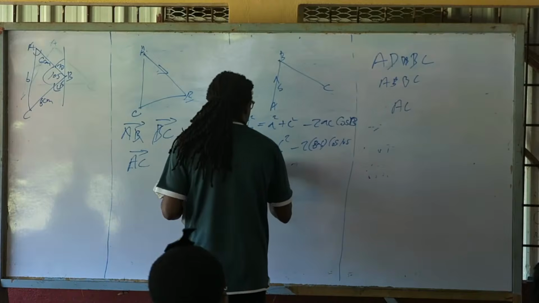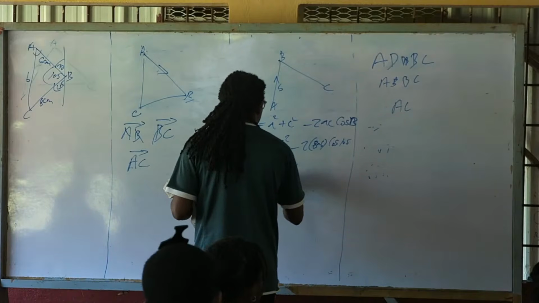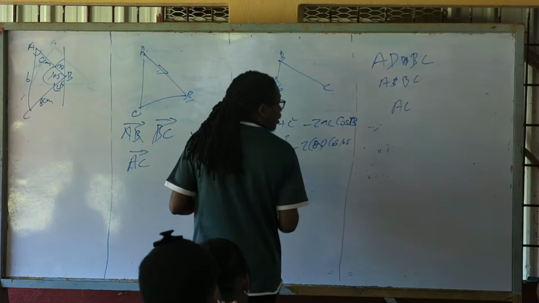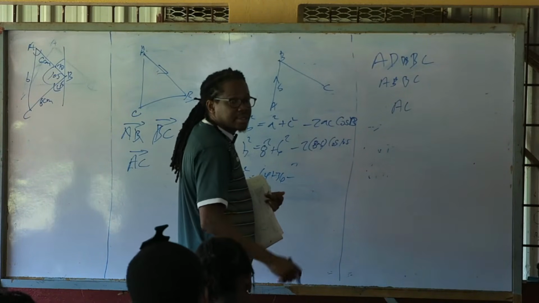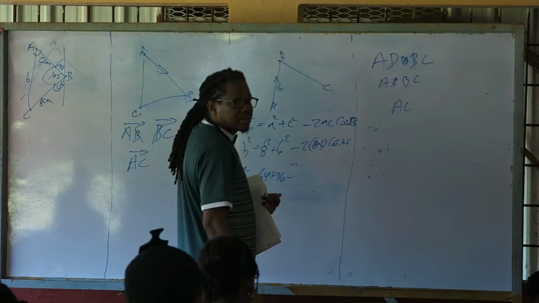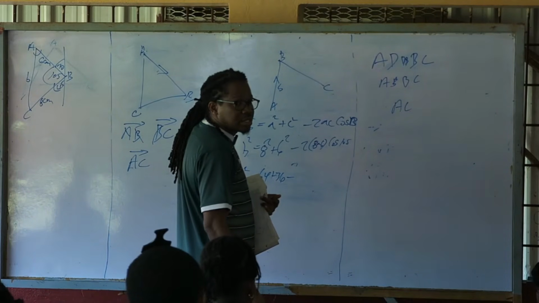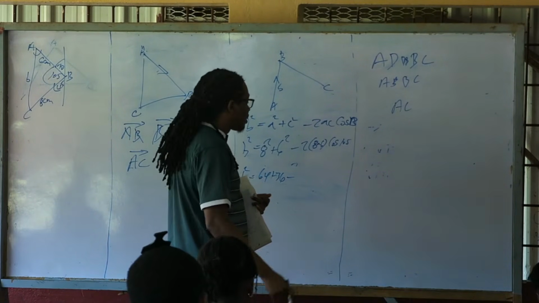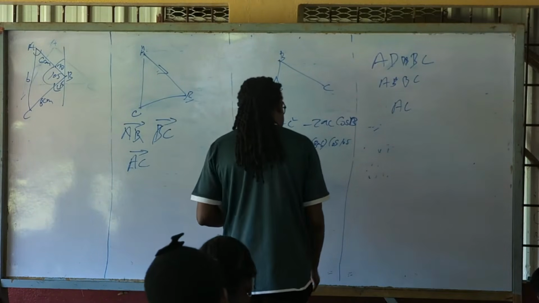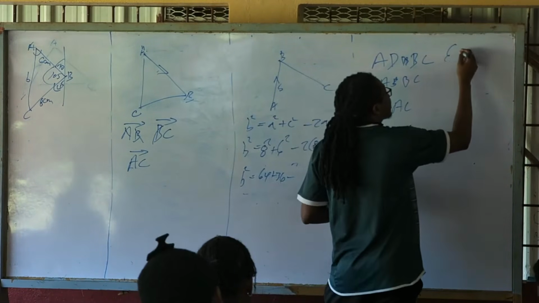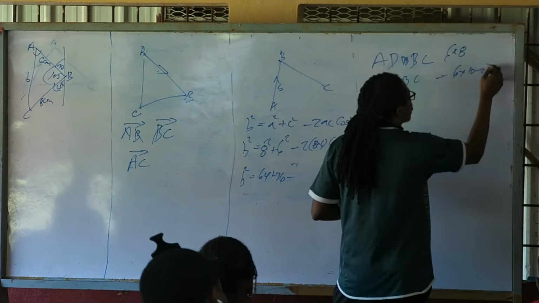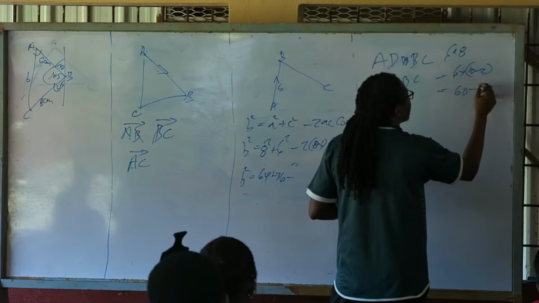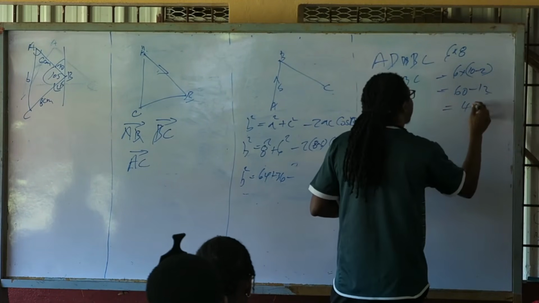B squared equals 64 plus 36 minus 6 times 8 is 48. 6 sixes are 36, 6 sevens are 42, 6 eights are 48. 6 times 8 equals 6 times 10 minus 2, equals 60 minus 12, equals 48.